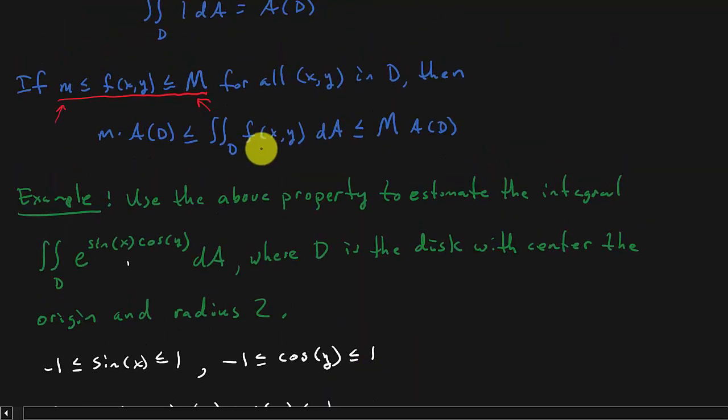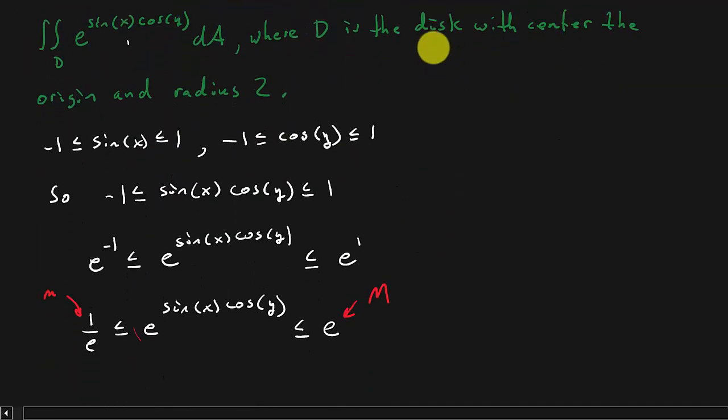We're wanting to know the integral of f of x, y over D. Well, that's between little m times the area of the region and big M times the area of the region.